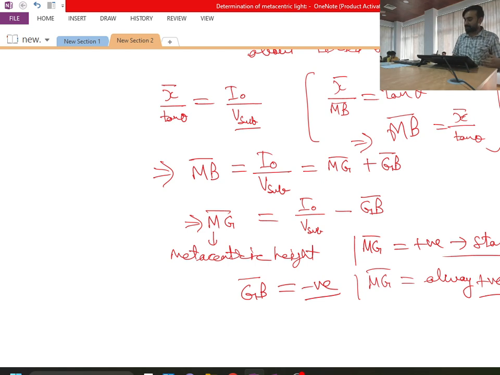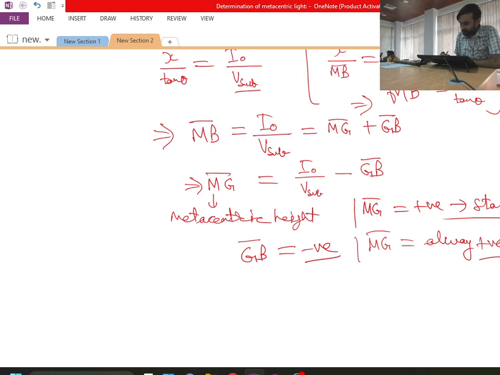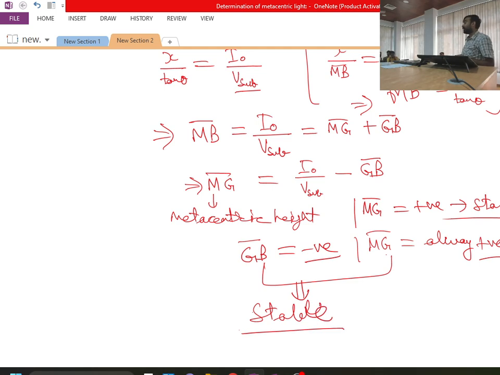If MG is becoming always positive, for that situation, if GB is negative, this is always a stable situation. Okay, so when you tilt your ship, then what happens? Determining its different parameters, for example, new center of buoyancy, all these things becomes very complicated.